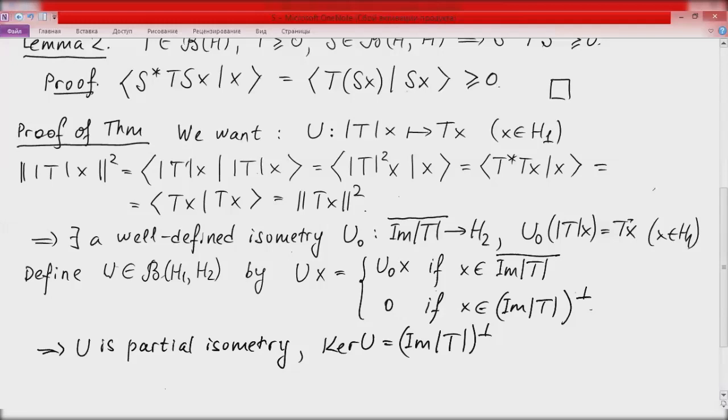Well, since the modulus of T is self-adjoint, we see that the orthogonal complement of the image of this operator equals the kernel of the same operator. This is because it is self-adjoint. And if we now apply lemma 1, we see that this is the kernel of T. So the kernel of U is exactly what we are looking for. So it equals the kernel of T.